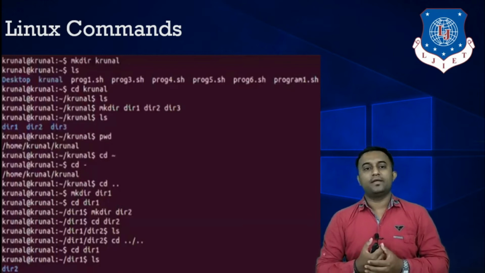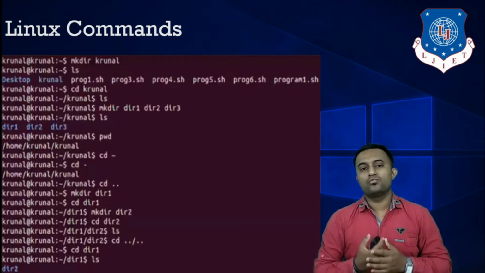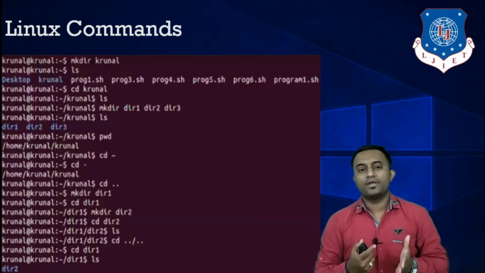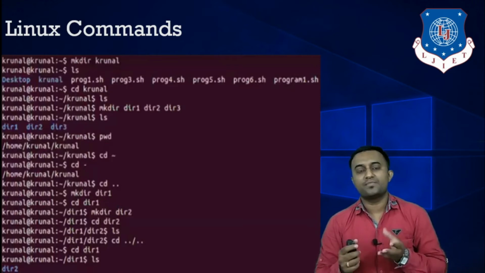Fine. Then suppose you have a directory and you want to create one more directory, like in directory 1 I need to create one more directory called directory 2. So I simply use mkdir directory 2.